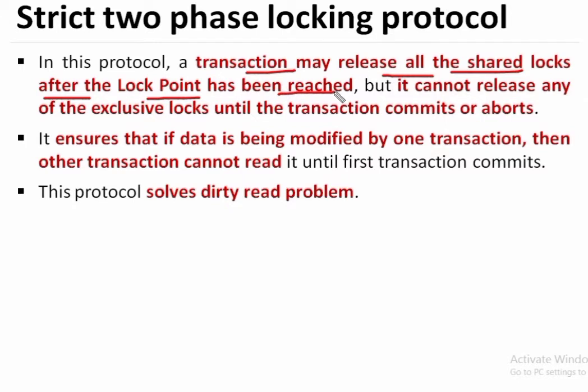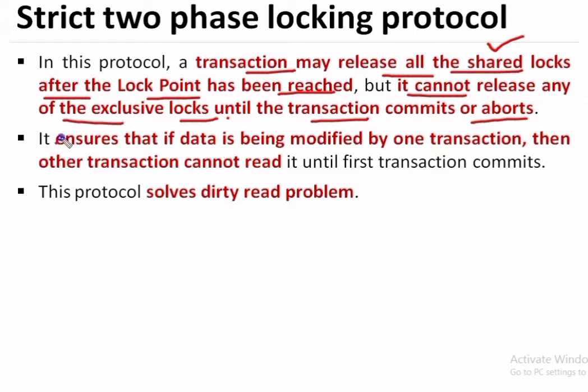So remember, in the strict two-phase locking protocol, where the required lock is of the category of shared lock, the protocol releases all the shared locks after the lock point has been reached, but it cannot release any exclusive lock until the transaction commits or aborts. And we know the shared lock is generally provided on the data item for read operation only.